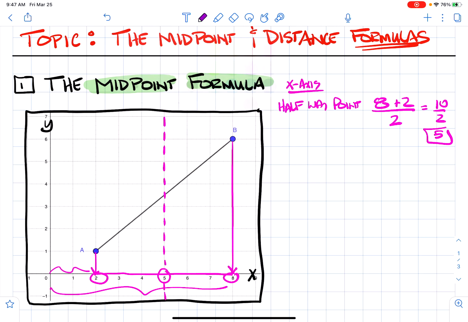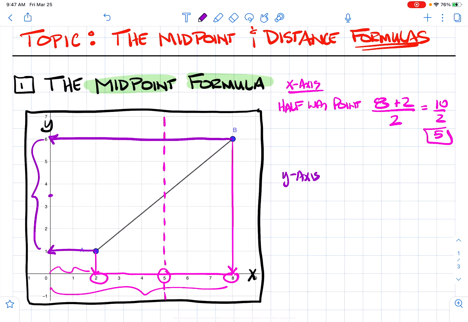Now let's change it up and let's do the y-axis. So let's look in this direction. If I take point B and look back to the y-axis, that would be 6. Take point A, go back to the y-axis, that would be 1. And again, ask yourself the same question: what's halfway between 1 and 6? You would end up with the point being 3.5.